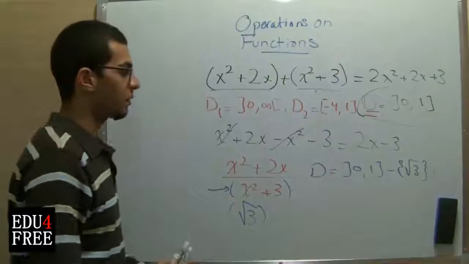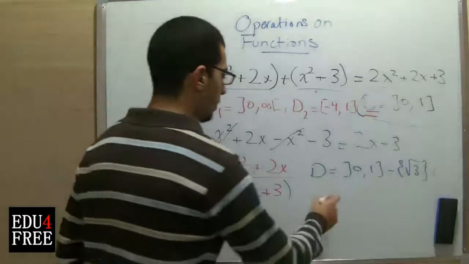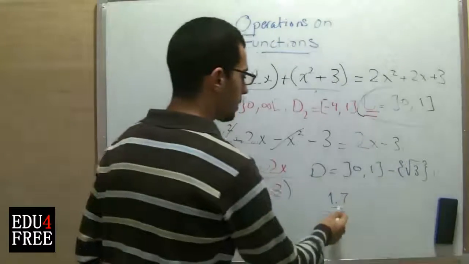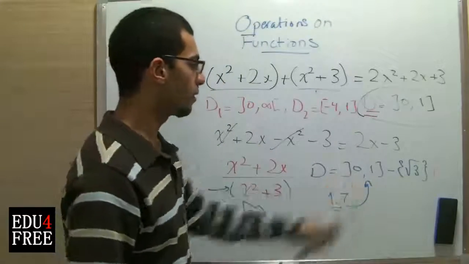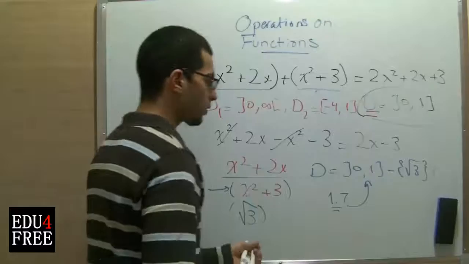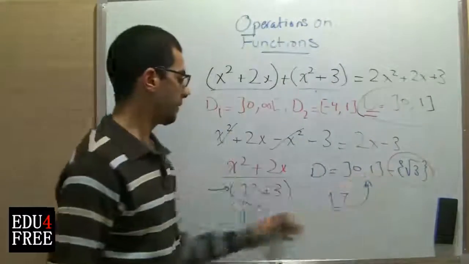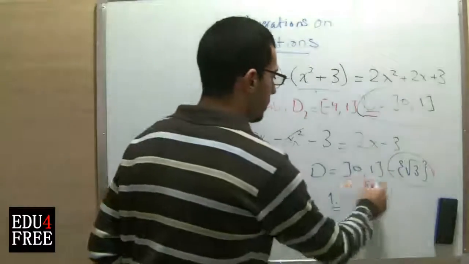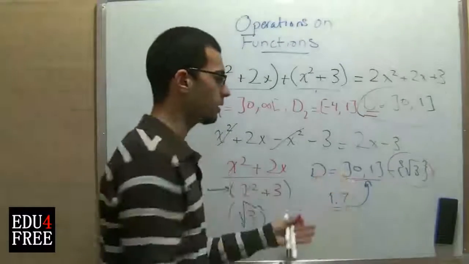But there is a very important note. Here, the root 3 actually equals 1.7. So 1.7 is not included already in this interval. So we don't write this. If the set of zeros is not already included in the interval, we don't have to exclude it from this interval, so we don't write it.